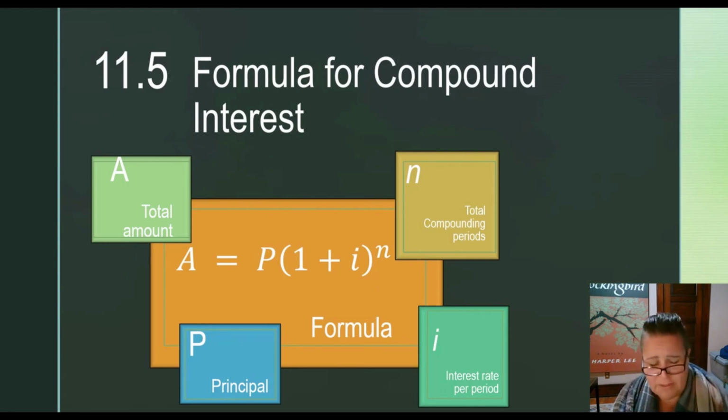This is your interest rate per period. We've been finding it for the last 35 minutes. It is still the same. n is your total number of compounds. It is what we've been finding for the last 35 minutes. You still have to find your i and your n as we did previously. We're now just going to put it into this formula.